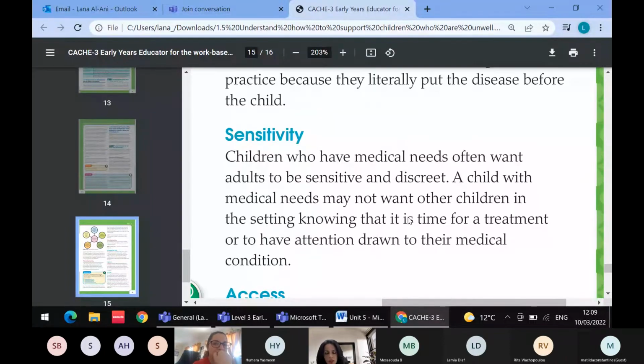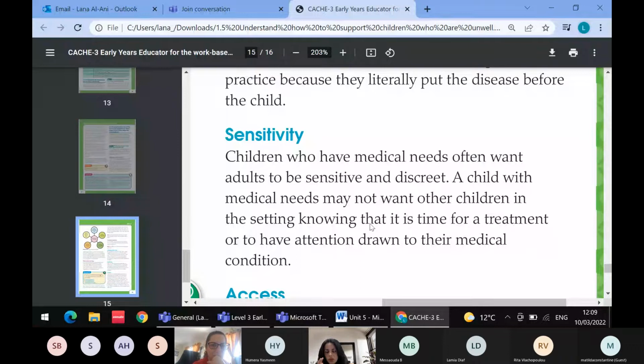Also, sensitivity. Children who have more medical needs are very sensitive. You need to give them extra care, extra attention, extra medical care, because of their condition. Also, access. It is important that these children are included in the activities.